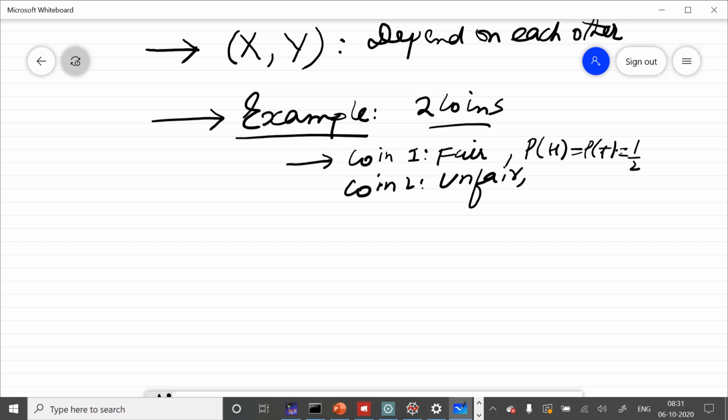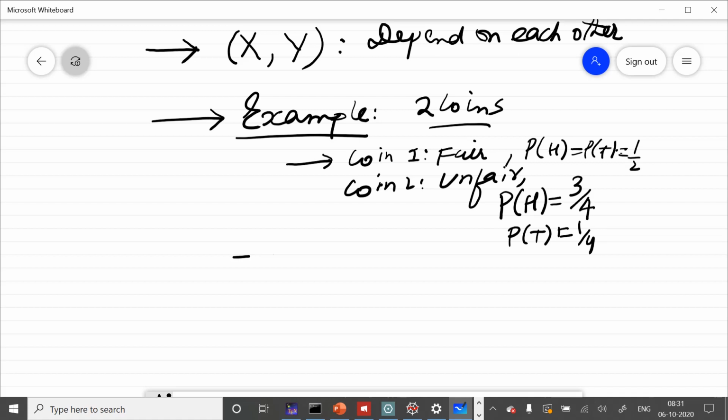Okay, it has been manufactured in a way that the weight and the density of the material in the coin is put in such a way that there is more chance of getting head. Suppose the probability of head is 3/4 and the probability of tail is 1/4. Quite possible.